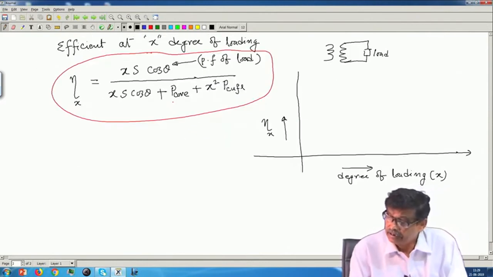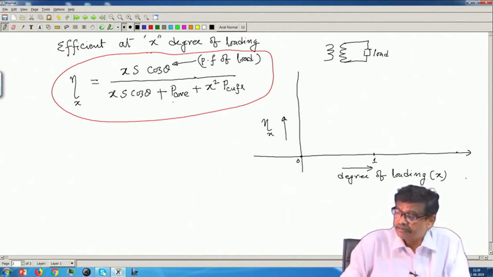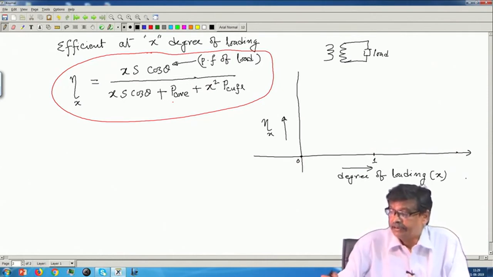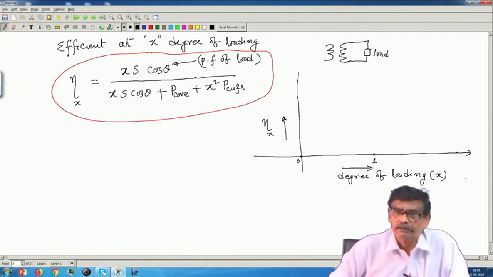So the domain of x looks like 0 to 1. If x exceeds 1, the transformer is overloaded.